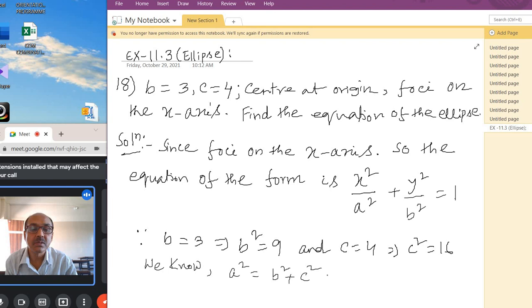So b square equal to 9 plus c square equal to 16, and 16 plus 9 is 25. So the required equation of the ellipse is x square by 25 plus y square by 9 equal to 1.